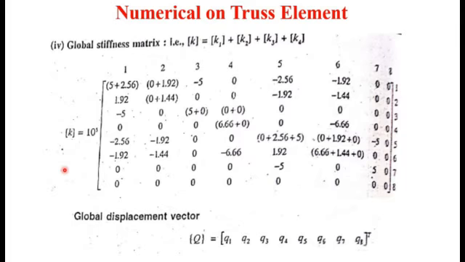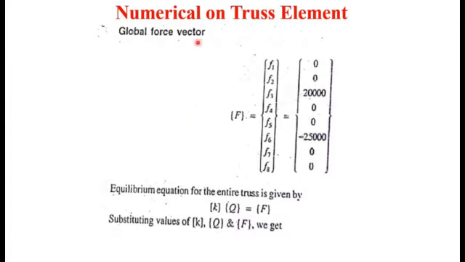Next, the global displacement vector. The global displacement vector q is equal to the transpose of q1 q2 q3 q4 q5 q6 q7 q8. Then the global force vector. The global force vector capital F is equal to small f1, f2, f3, f4 up to f8, which are the forces acting on the nodes.